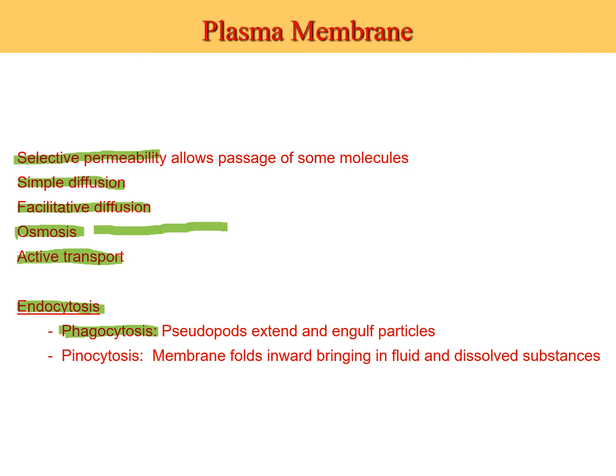And the process involves extension of what are called pseudopods. The cell will extend areas of its cell membrane, engulf a particle or bacteria or anything foreign, and then encircle it and fold it into itself, into what's called a phagocytic vacuole or a phagosome.